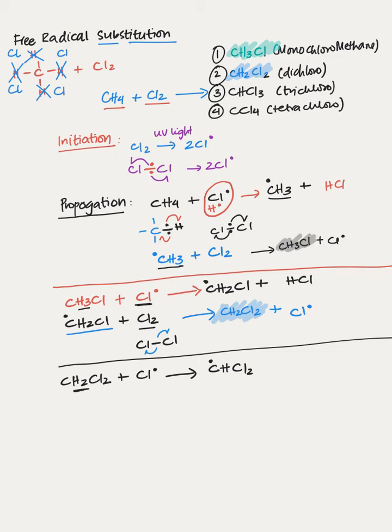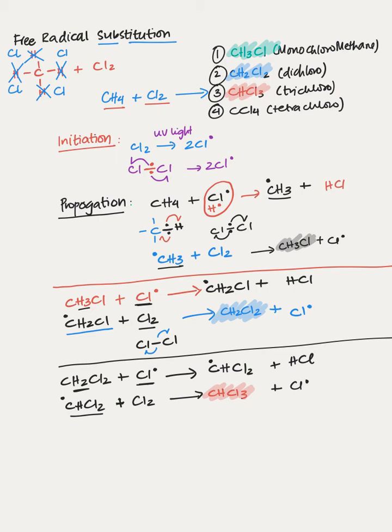And that hydrogen that is broken off joins with this Cl radical to give HCl. Now the CHCl2 radical joins with the Cl2 molecule. This Cl2 molecule breaks into two radicals. One radical is obtained as it is, and the other radical joins with this guy to give CHCl3. So now we have trichloromethane right here, CHCl3.